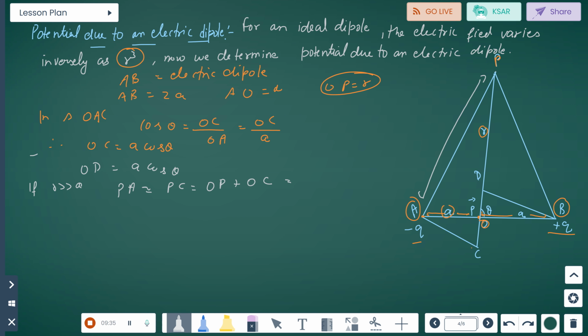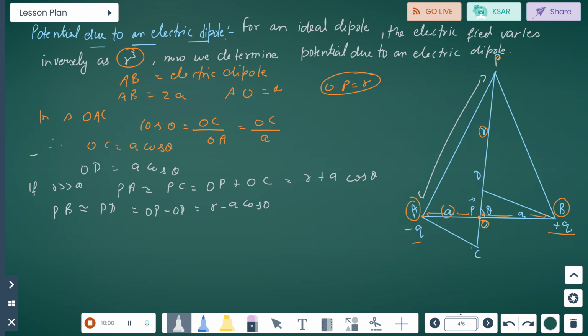Here we have R plus A cos theta. Now PB approximately equals PD, which equals OP minus OD. We have R minus A cos theta.